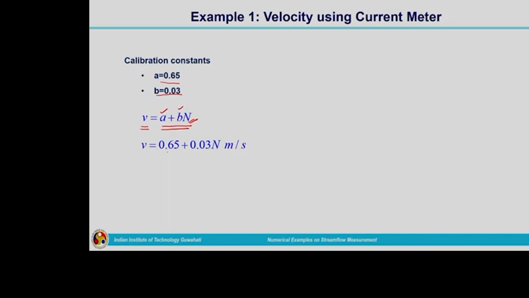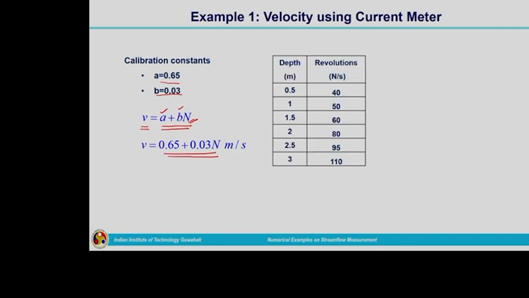Our equation for velocity computation takes this form: 0.65 plus 0.03 n, and the value will be in meters per second. Different depths and the corresponding revolutions noted by the current meter are given to us, so we just have to substitute n in this equation to compute the velocity.